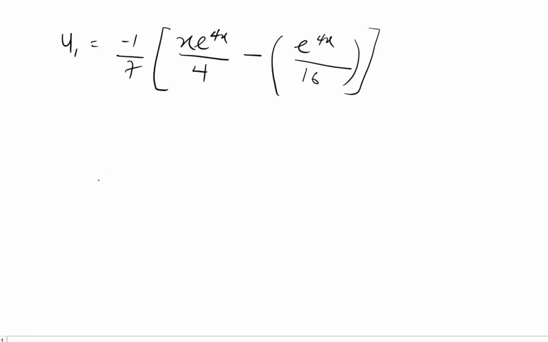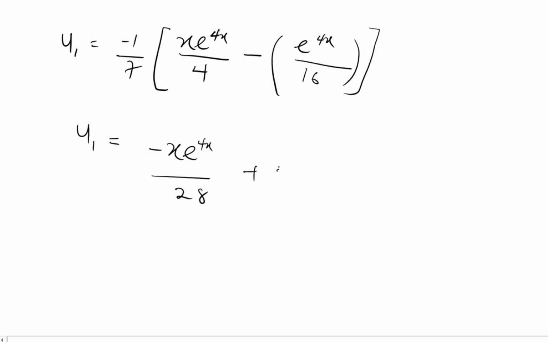So multiplying, I'll have u1 equal to minus 1 over 7 times x exponential 4x over 4. I will have minus x exponential 4x divided by 28.